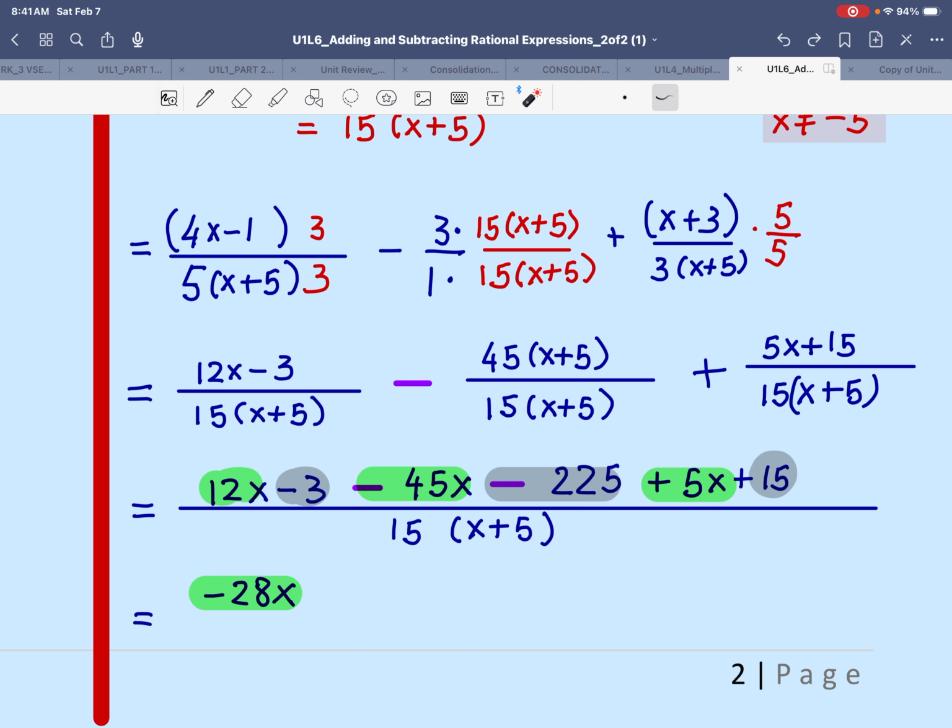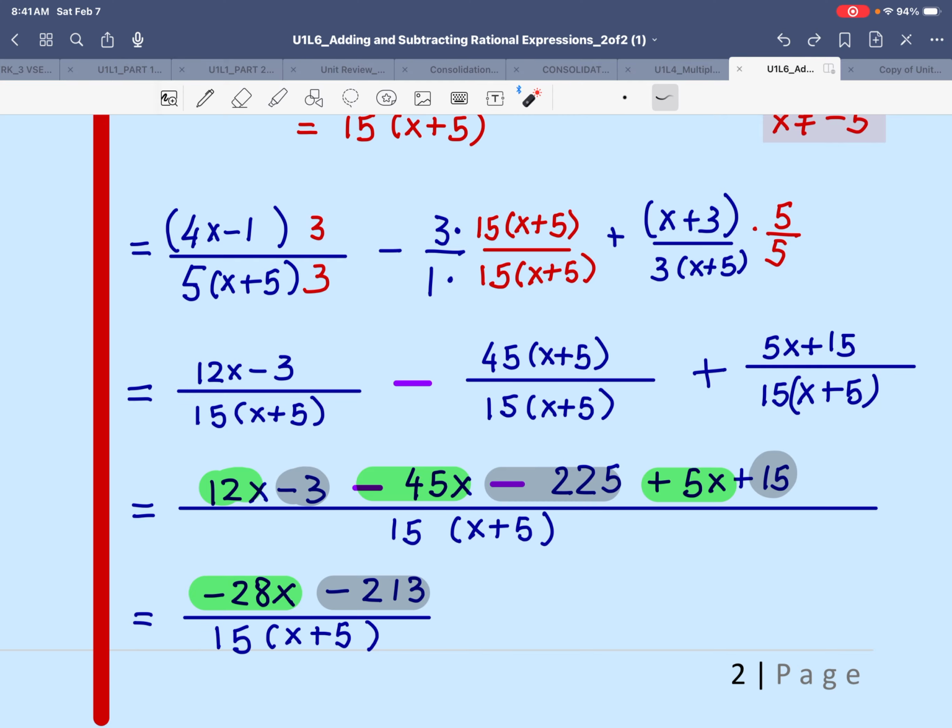And what we have in this case is 12 and 5 makes 17, minus 45, negative 28x, and the numerical terms are negative 3, negative 225, plus 15. So negative 225 plus 15 is negative 210, and then minus 3, negative 213. And this will be over 15 times x plus 5, which is our common denominator.